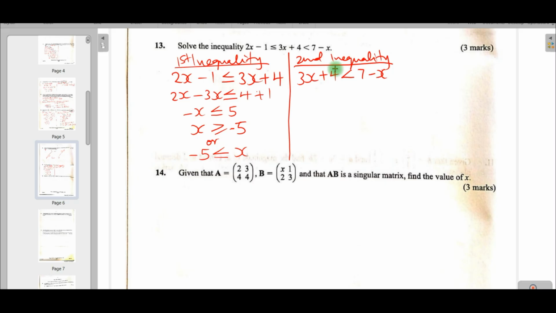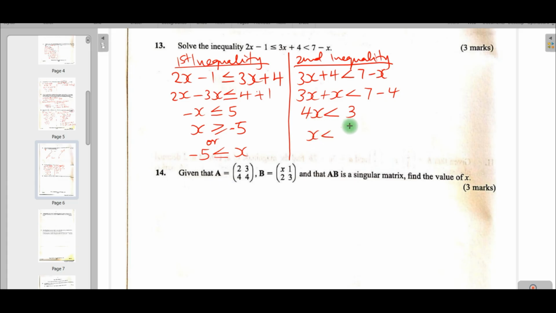Next, the second inequality, again we simplify, 3x plus x is less than 7 minus 4. Therefore, 3x plus x, that is 4x, is less than 7 minus 4, that is 3, and therefore divide both sides by 4.